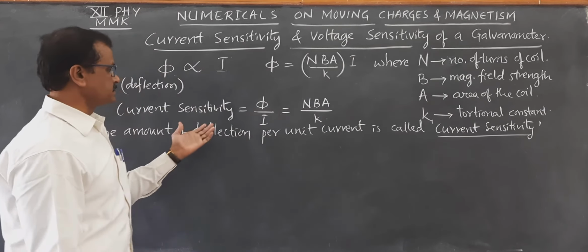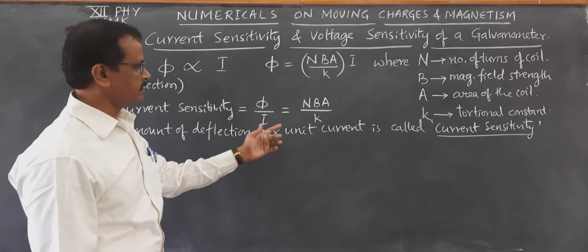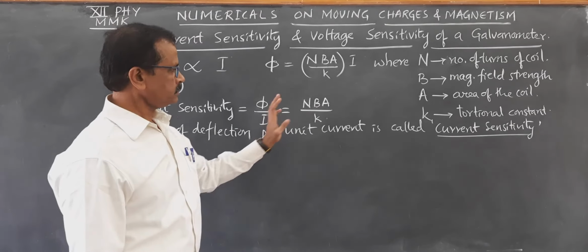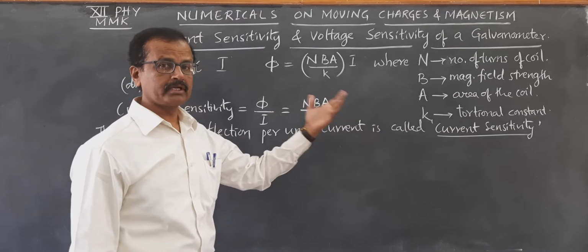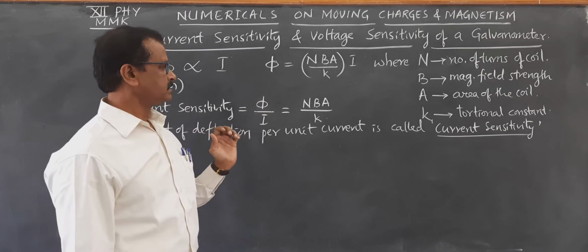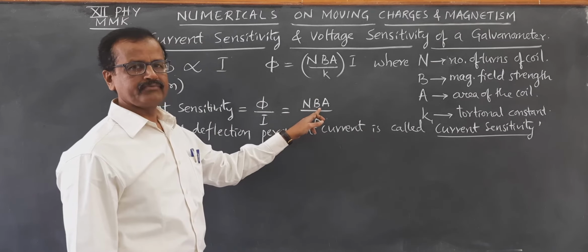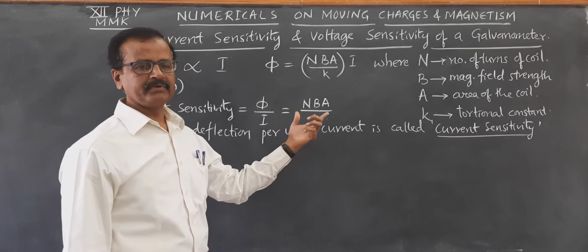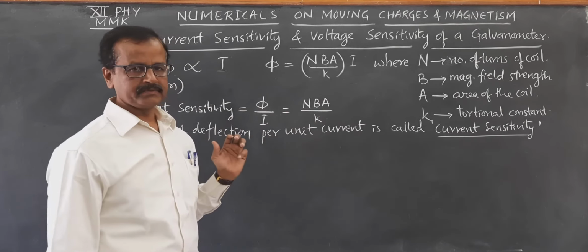Now the current sensitivity, you can see from this equation, depends on the number of turns. The larger the number of turns, the more is the current sensitivity. B is the strength of the magnetic field: the larger the strength of the magnetic field, the more is the current sensitivity.